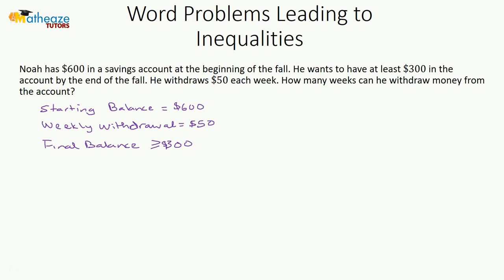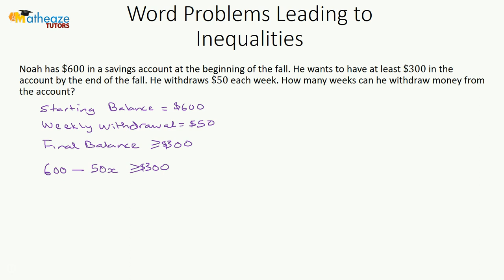So he starts out with 600 and he has a withdrawal, which is a subtraction from the account, of $50 each week, and he wants to end up with at least $300. So now this is the inequality we're going to solve.